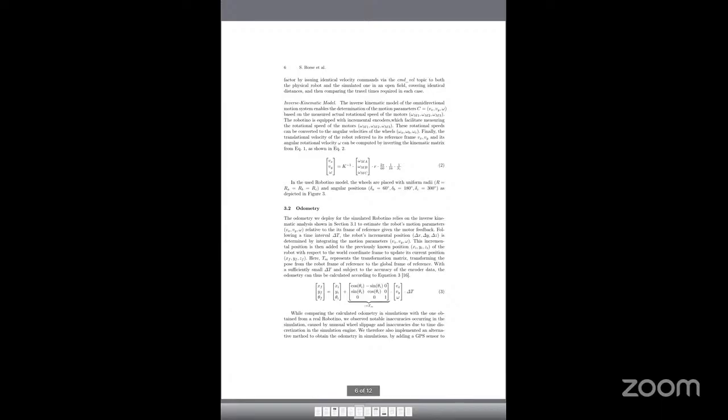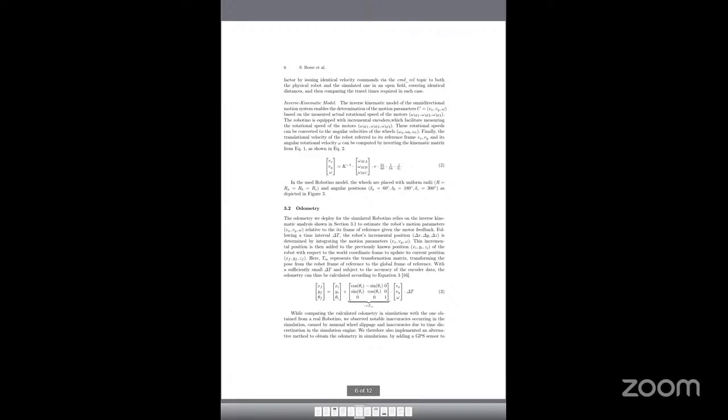That means in real robot, no slippage, but slippage was happened in the simulation. Then time discretization. Simulation is calculated in every step, right? This is not a continuous motion. So because of that, there will be a small error. So because of that, the simulation odometry plus real odometry, when we compare, both are different.